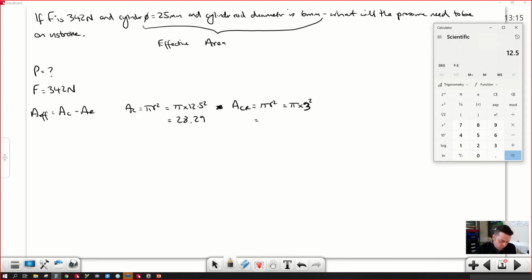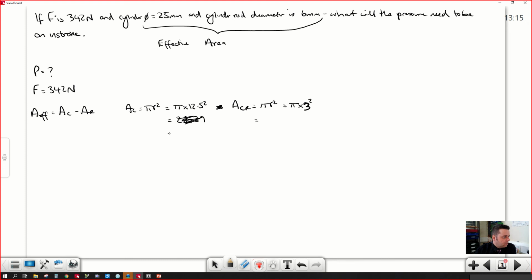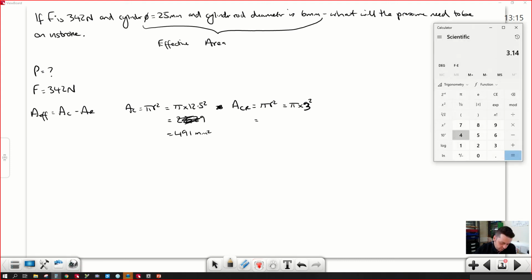So 12.5 times 12.5, oh no, this is the 400 one, isn't it? Multiplied by 3.141 equals 491 millimeters squared, and then this is the 27 one, 3.141 times 9. Let's put the calculator on. 3.141 times 9 is 28.27.